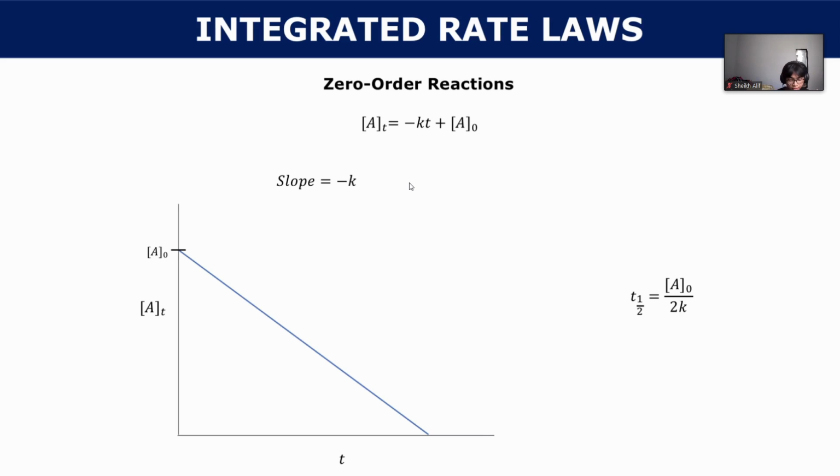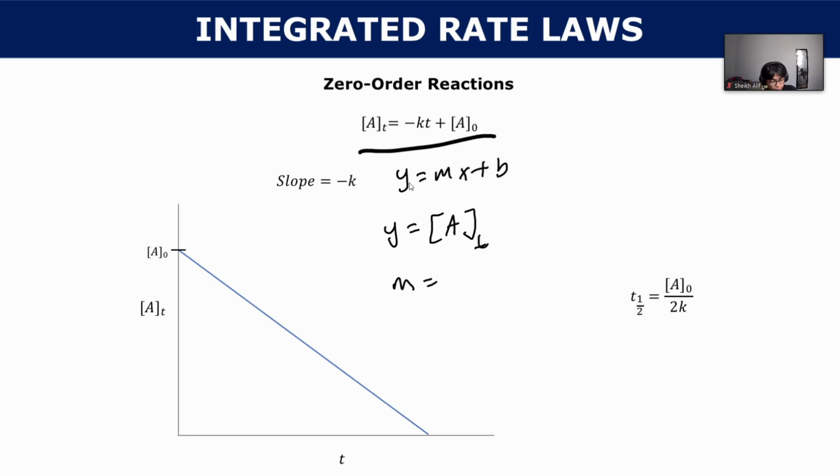For the 0 order, this is going to be the rate law. You're going to realize that the integrated rate laws are all in the form y equals mx plus b. In this case, the y is going to be equal to this bit. The m, which is the slope, is going to be equal to minus k.